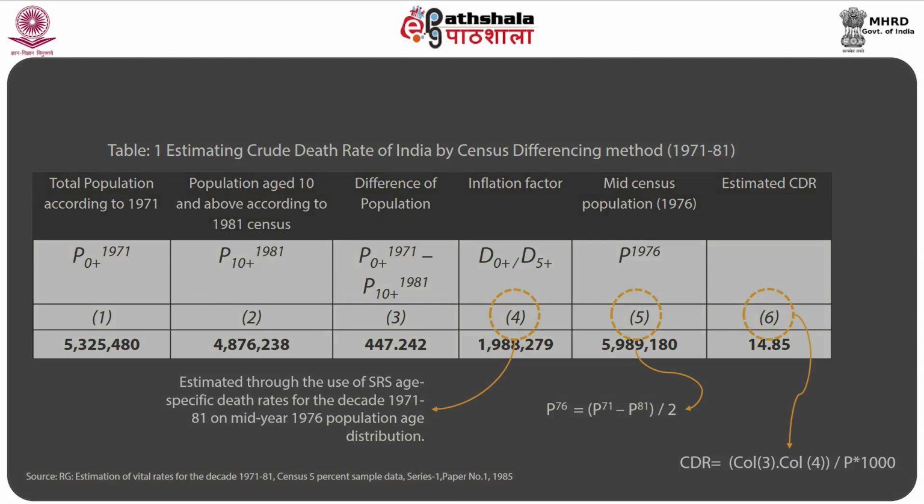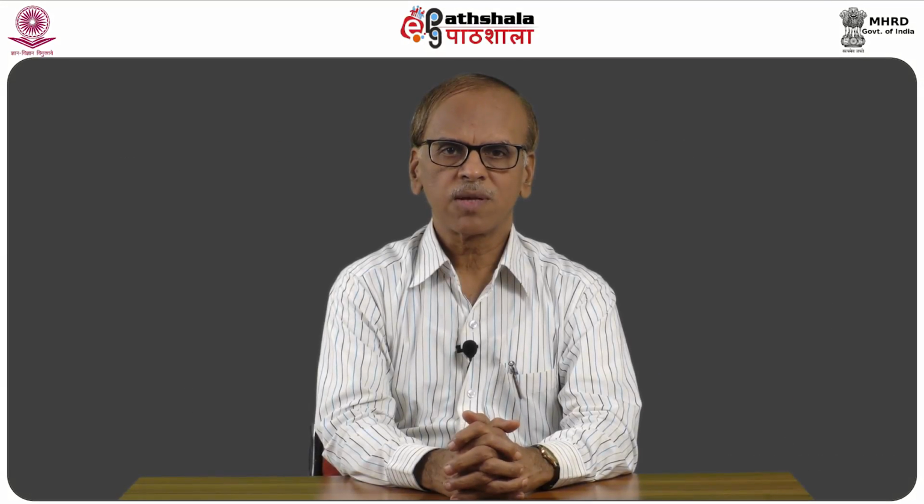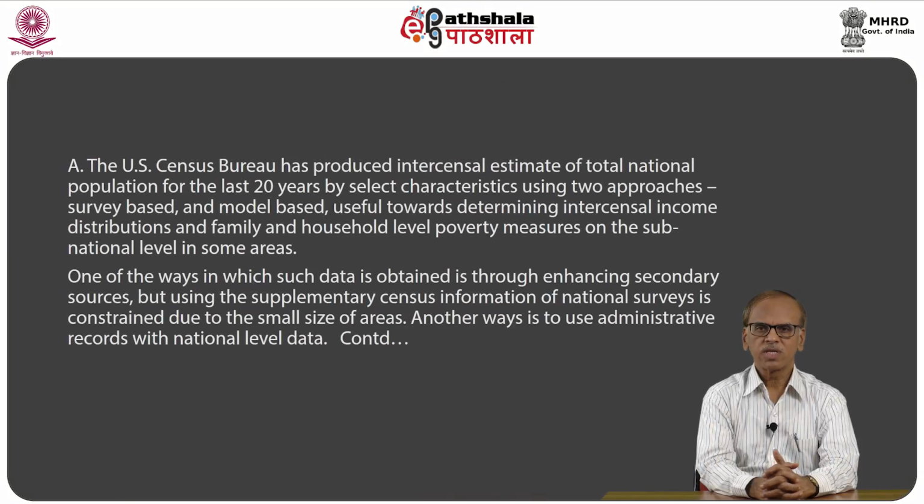Here we will illustrate some more examples. The US Census Bureau has produced intercensal estimates of total national population for the last 20 years by select characteristics using two approaches, survey based and model based, useful towards determining intercensal income distribution and family and household level poverty measures on the subnational level in some areas.